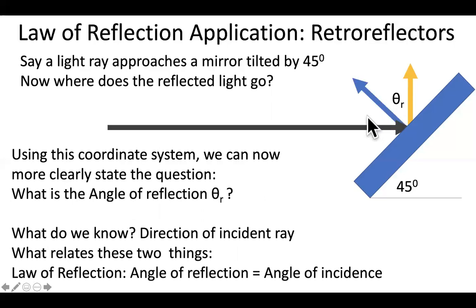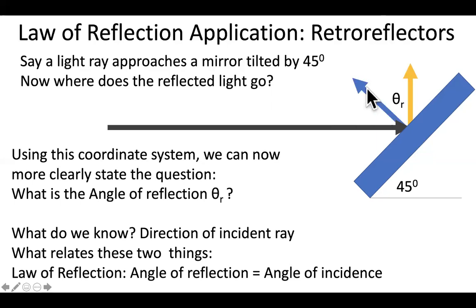Fine. What do we know, going back to the standard approach? Well, we know the direction of the light and the angle of the mirror. But what we really need to relate these things to this angle is the angle of incidence. We need to figure out this angle here.